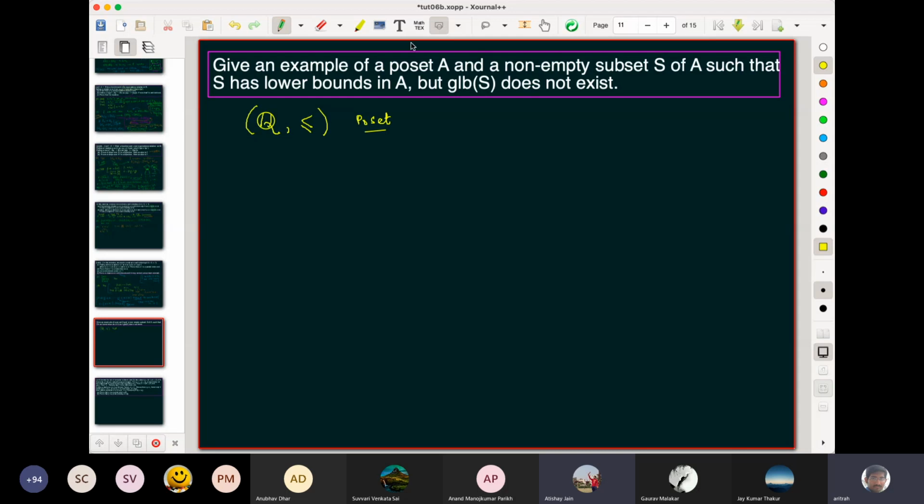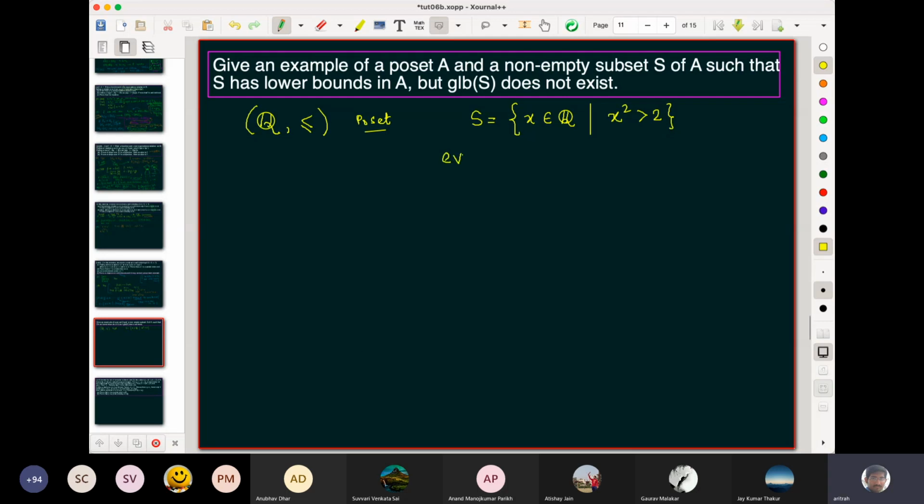Now let's take a set S, which is a subset of the rational numbers. I consider this subset as the set of x such that x squared is greater than 2. Now, every rational number less than √2 is a lower bound of S, yes or no?